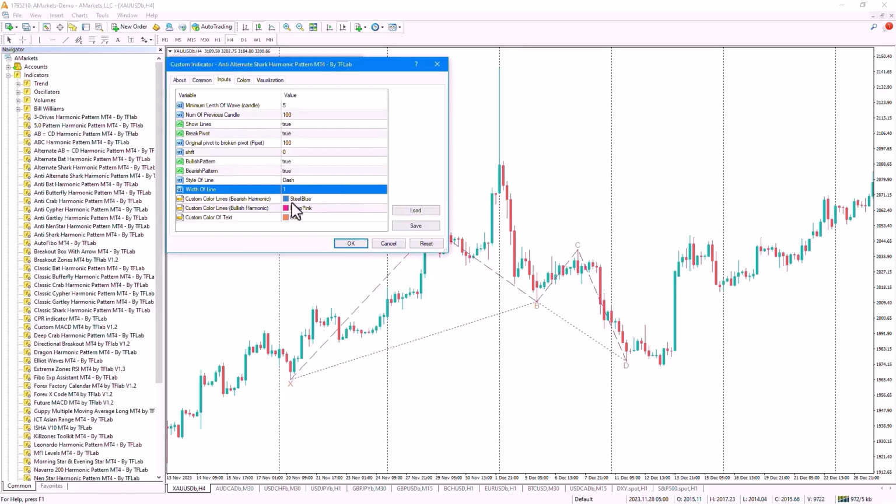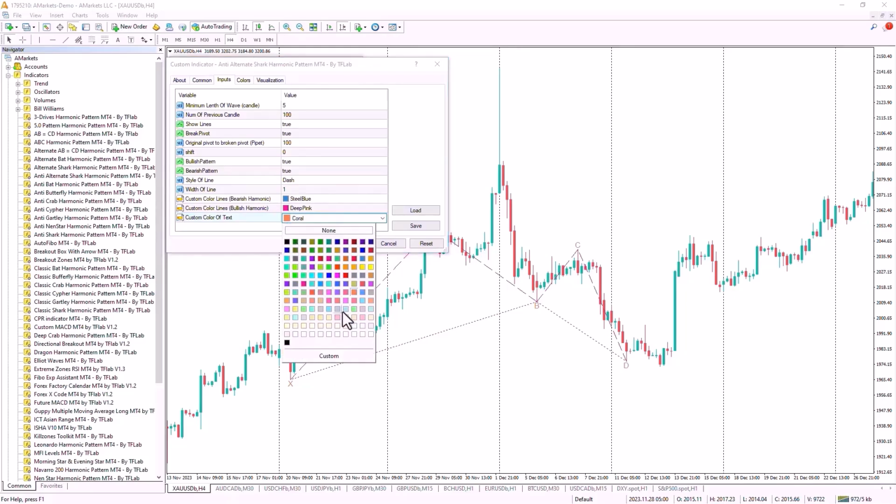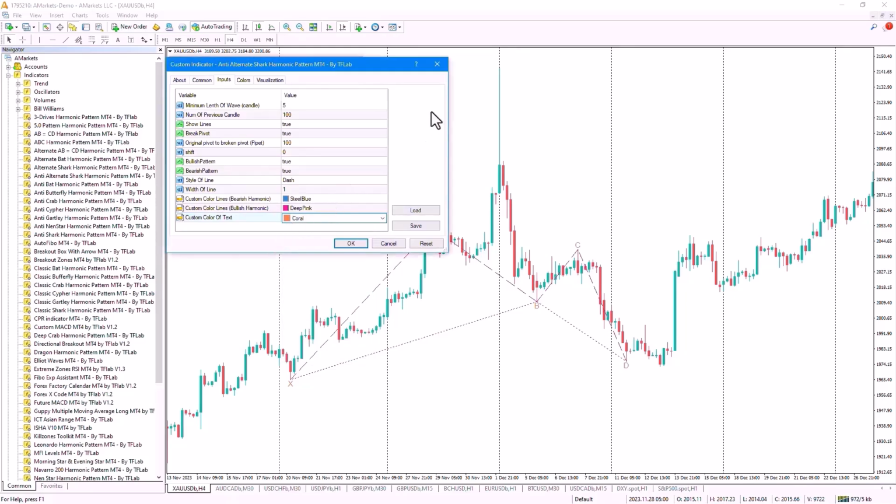If we set this number higher than 1, the indicator will automatically switch the drawing style to solid. And in the final section, we can change the color of the bearish harmonic pattern, the color of the bullish harmonic pattern, and the color of the harmonic pattern labels to any color we like.